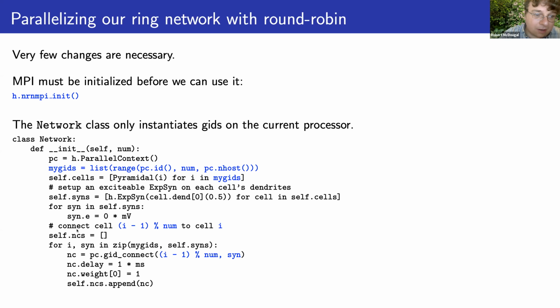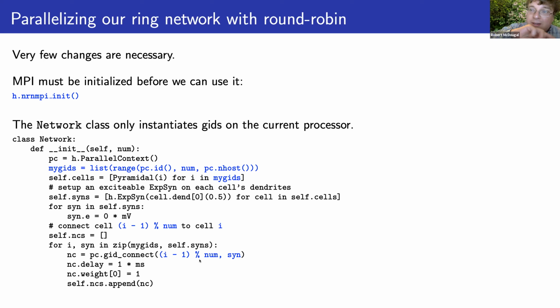All right, and finally, when we actually do our connection, this connection part is different. We're going to connect it using ParallelContext.gid_connect. But here, this is our slight gotcha.